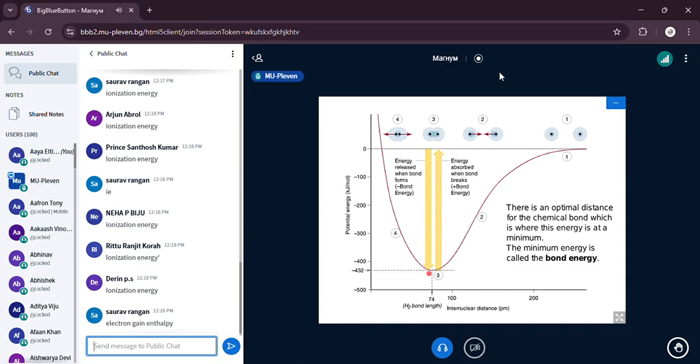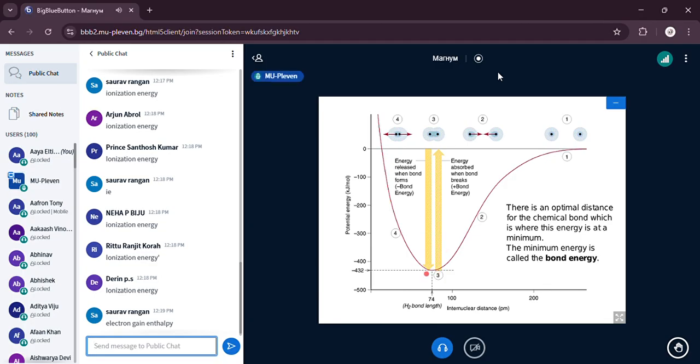After that, repulsion forces arise between identically charged species, nuclei or electrons. The energy of the system increases.